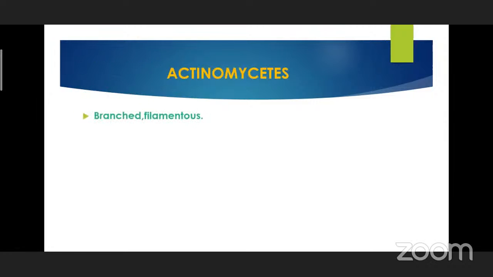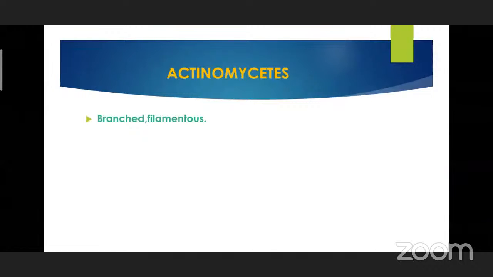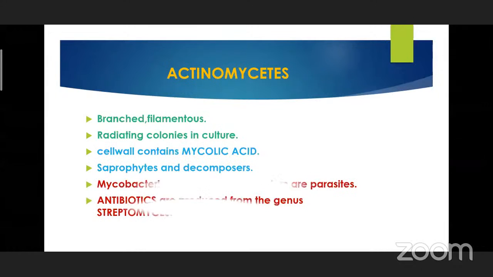And next, actinomycetes. This is also very important. This is a branched and filamentous group where, when it is cultured in bacterial culture, radiating colonies will form, and the cell wall contains mycolic acid.